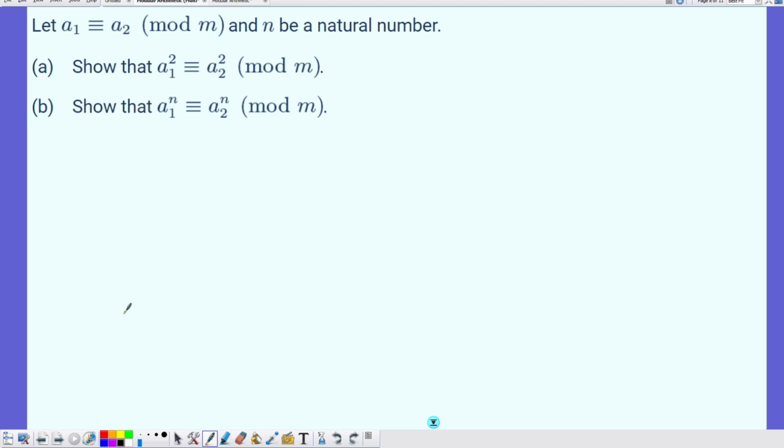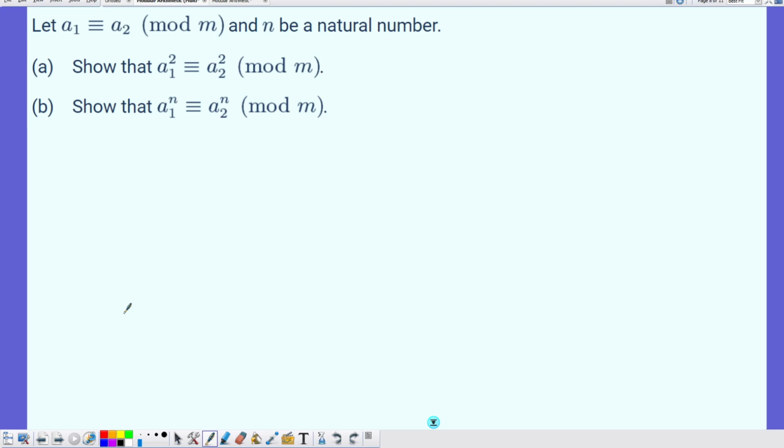And then after that, we want to show that it works for any exponent. So show that a1 to the nth power, it could be to the millionth power, it could be to the billionth power, is congruent to a2 to the nth power as well. So let's start out with always just what we know.